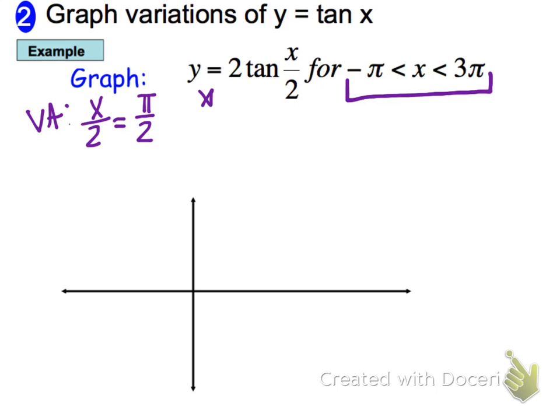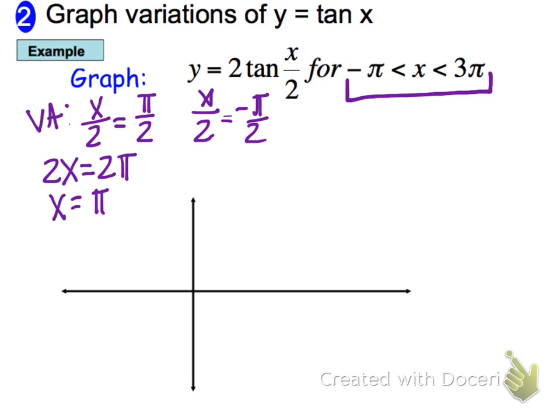And we'll also set it equal to negative pi over 2. We're going to solve for x in both cases. I'm going to cross multiply this time because I have two fractions equal to each other. So we'll have 2x equals 2 pi. When I divide by 2, I get x equals pi there. On the other side, we'll have 2x equals negative 2 pi. Divide both sides by 2, and we'll have negative pi.